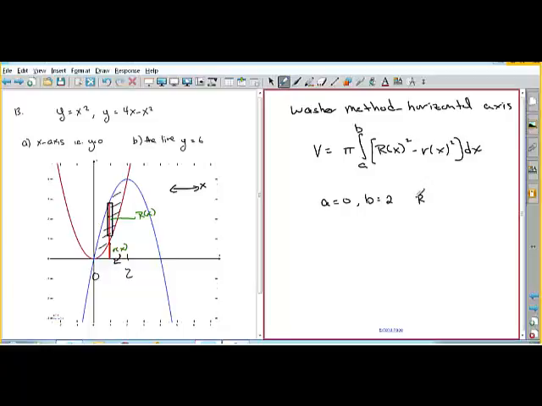The outside radius is the blue curve, which is the second one up here, 4x minus x squared. And the inside radius is the red curve, which is that one. So all we do now is just plug it in there and do the calculation.